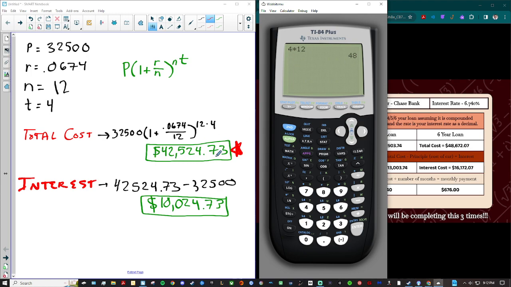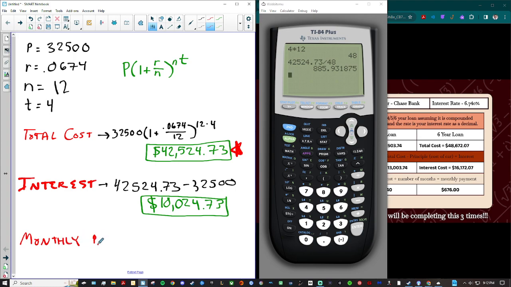So if I divide my total cost, 42,524.73 divided by 48, it'll split it up into 48 even payments that I'll pay each month until my car is fully paid off.